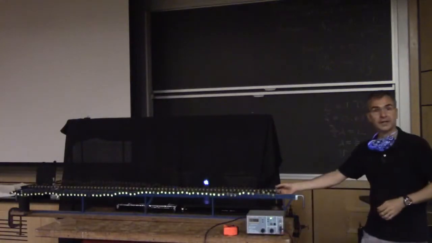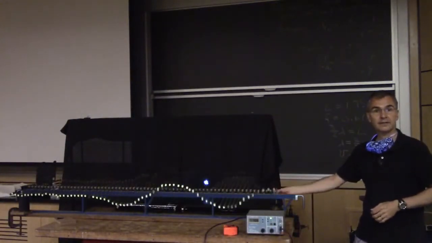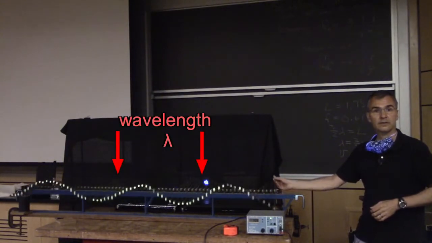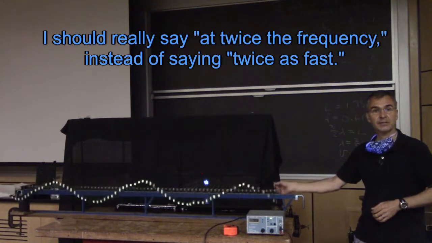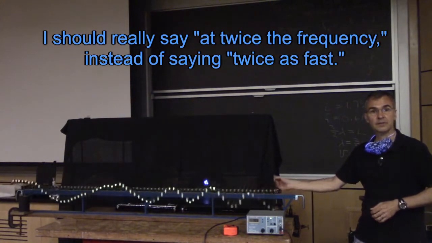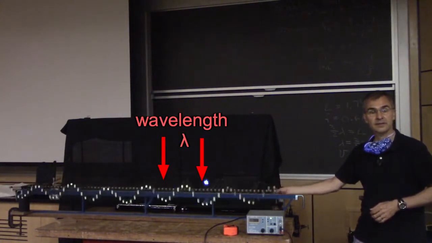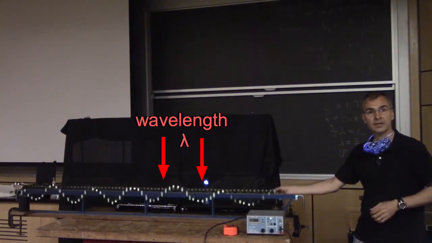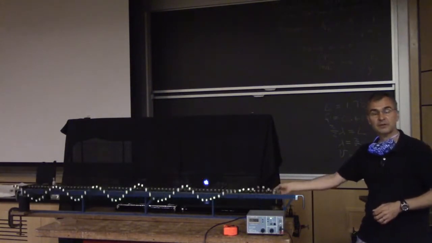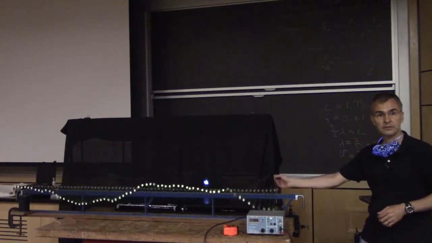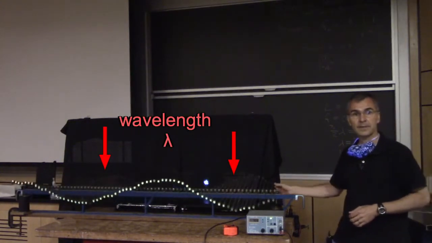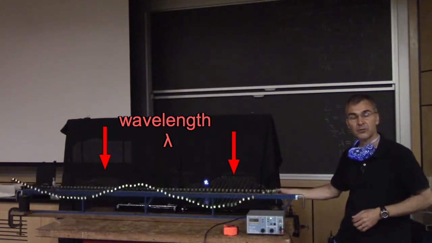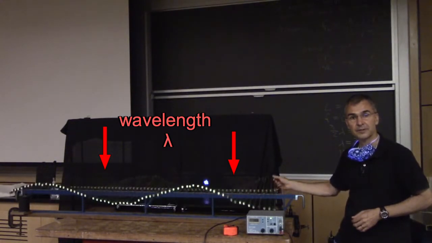And then let me do this now by hand. So I can go like that. That's pretty good. So now let me try doing that about twice as fast. Yeah. So you see about half the wavelength. And let me try going about a lot slower. That's not bad. So that's a pretty long wavelength with a low frequency.